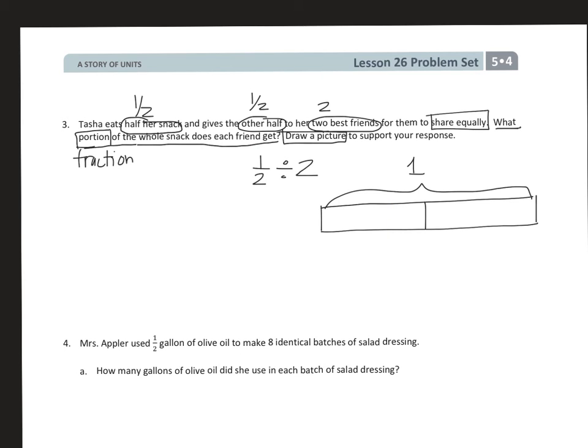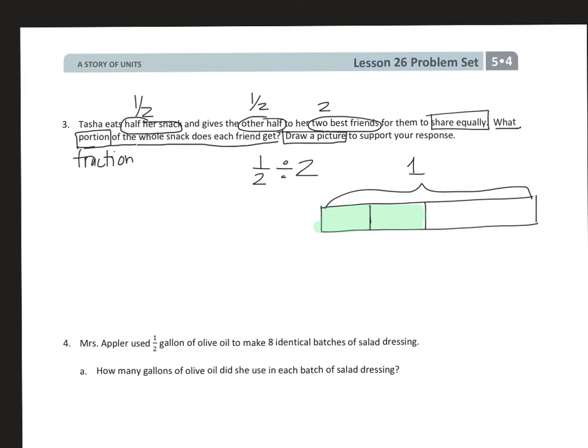So let's go ahead and shade in lightly with a pencil or a color pencil or a highlighter. That's what she has to share with her two best friends. And then what do you do with that part that we just shaded? We're going to split it in half. One piece is going to go to her one best friend, and the other piece will go to her other best friend.